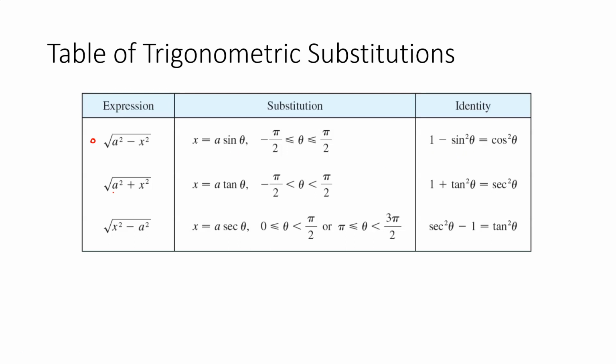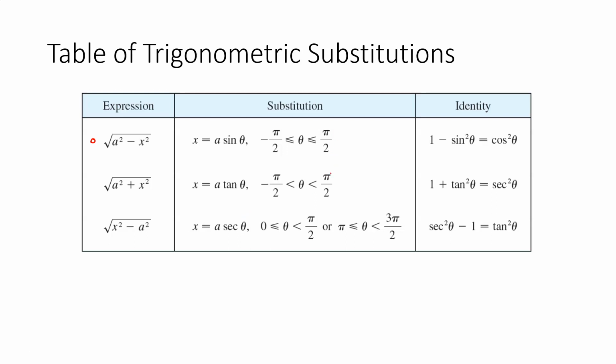If I see a squared plus x squared, then we're going to substitute tangent, because I can use the identity 1 plus tan squared, since you've got a constant plus x squared. And then the third case is if I have x squared minus a squared, then we're going to substitute secant, because then I can use the identity secant squared minus 1. And again, the idea is that after applying the identity, the square root will then simplify.